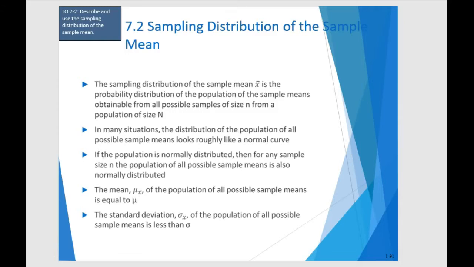The mean mu of x bar of the population of all sample means is equal to mu. The standard deviation sigma of x bar of the population of all sample means is less than sigma. So the standard deviation goes down when it's the standard deviation of x bar. So what does all that mean in real life?